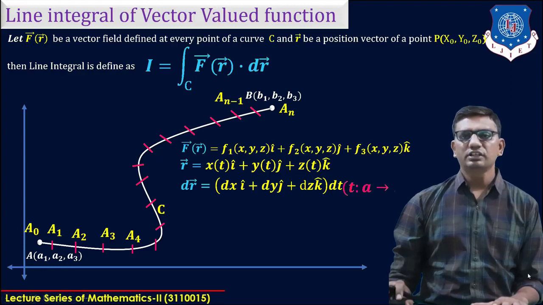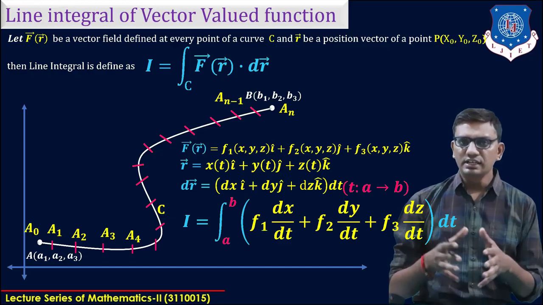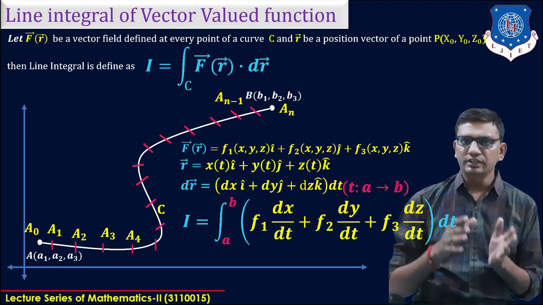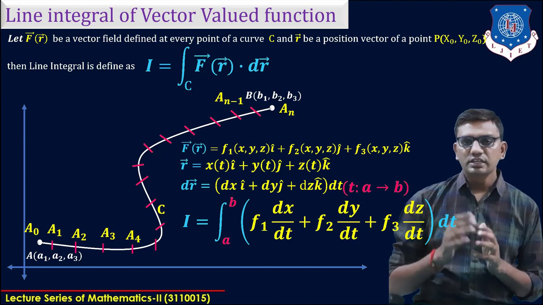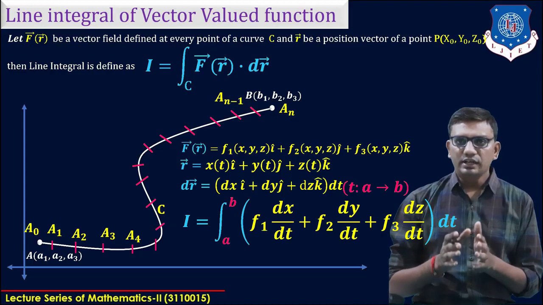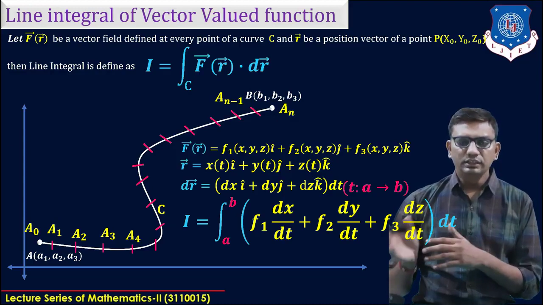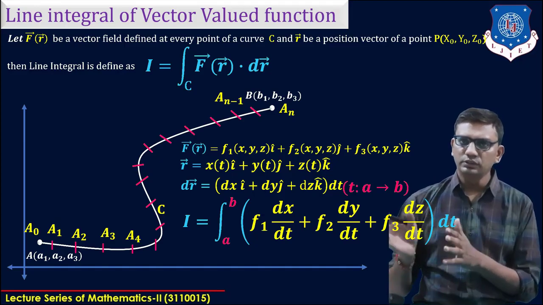Now the parameter t runs from a to b, so the line integral is given by the formula integral from a to b of f1 dx/dt plus f2 dy/dt plus f3 dz/dt, into dt. That means our total integration is converted into the parameter t, and the limit of t will be a to b. First of all we convert f1, f2, f3 in terms of t, and we replace dx, dy and dz in terms of dt.